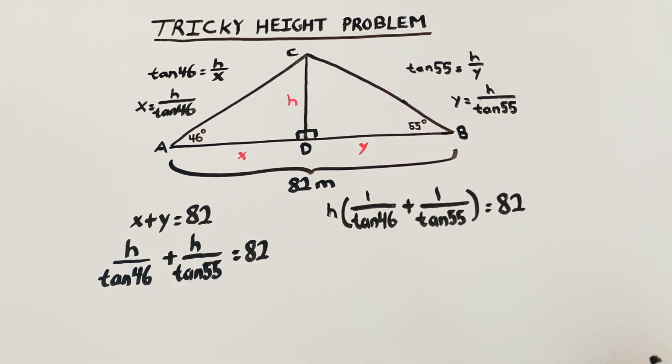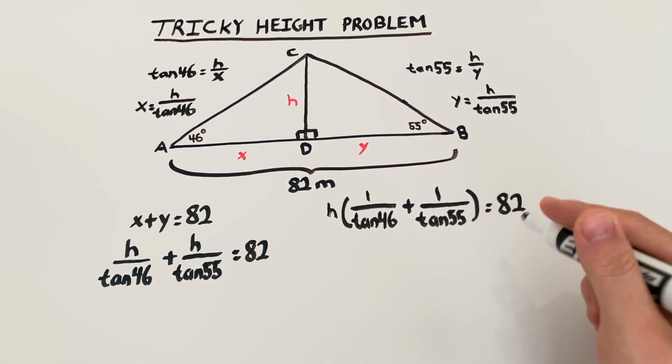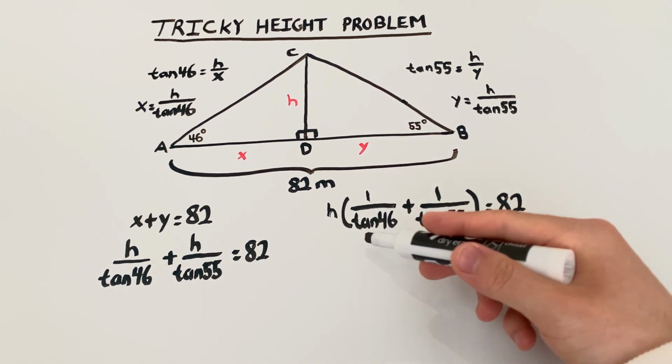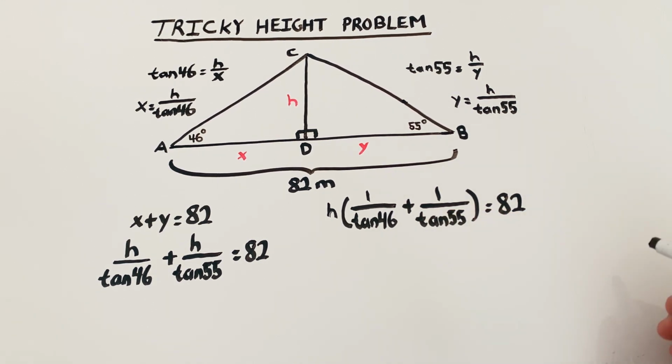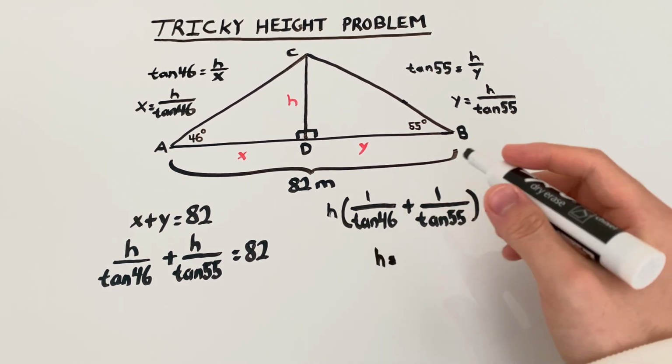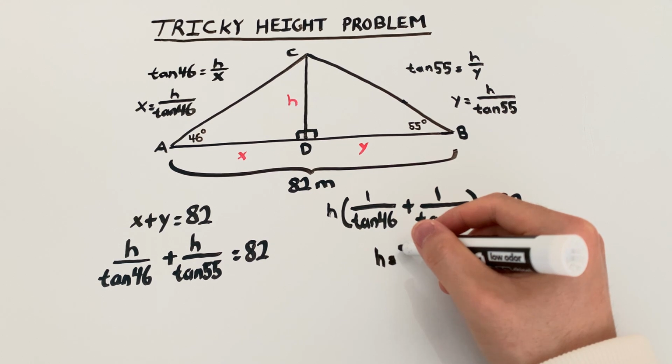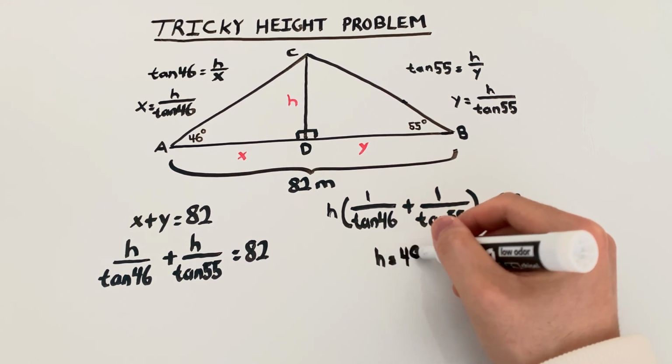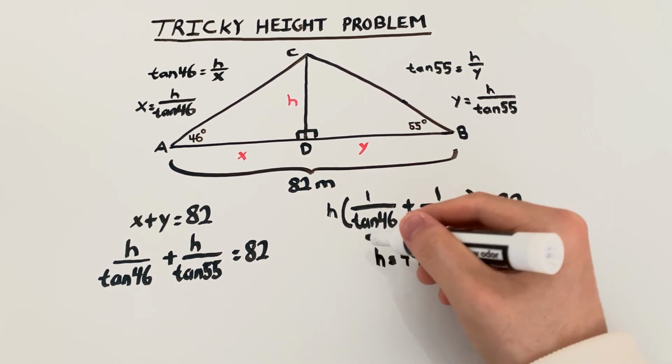So in your calculators, to find h on its own, you're going to take 82 and divide it by this whole portion, 1 over tan 46 plus 1 over tan 55. But once you do that, you'll find that the height of our building is 49 meters.